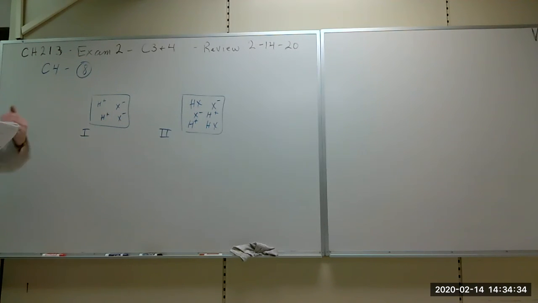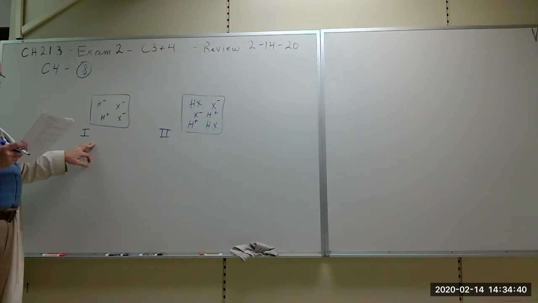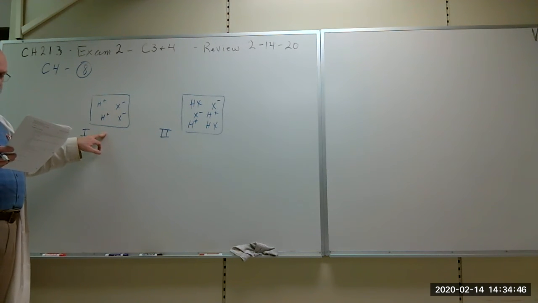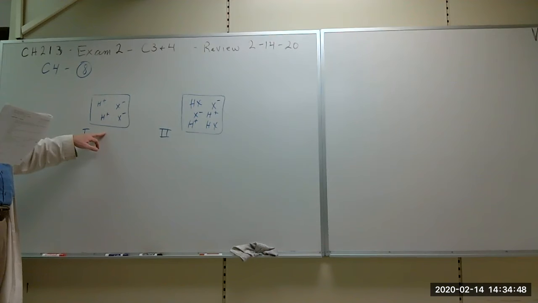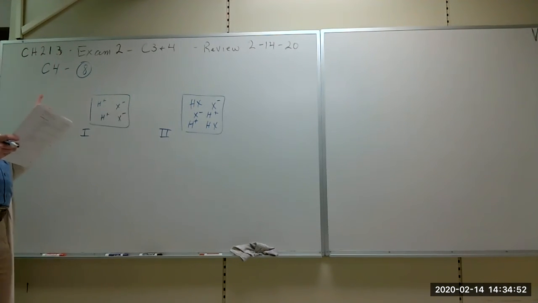Okay. But to answer the questions, in case 1, HX is acting like a weak acid. No, it's not. It's acting like a strong acid. Right, so that was false. B, in case 1, HX is acting like a strong acid, and in case 2, HX is acting like a weak acid. Yes, that's true. So B is a possibility.